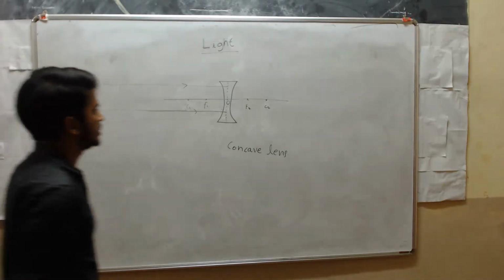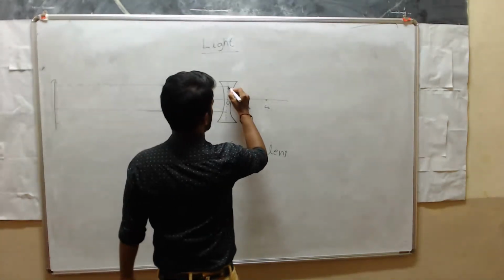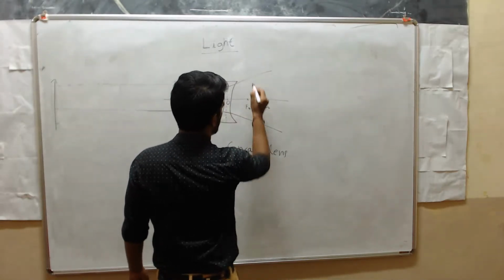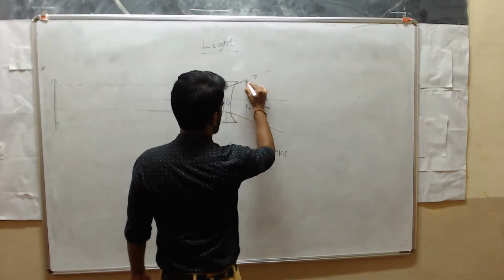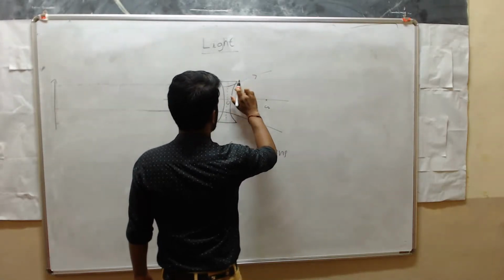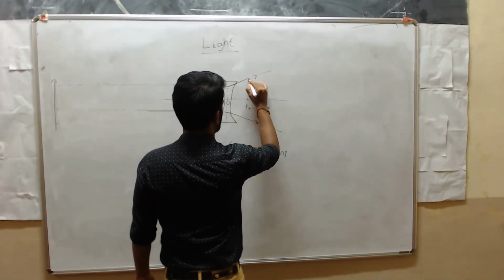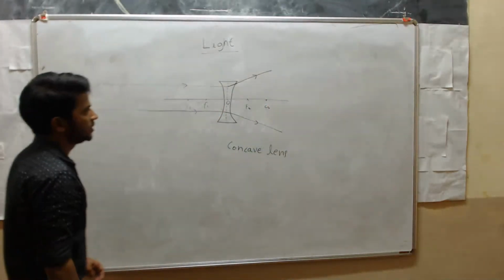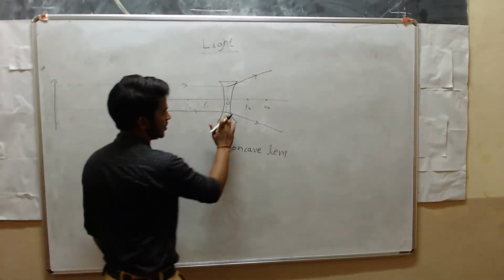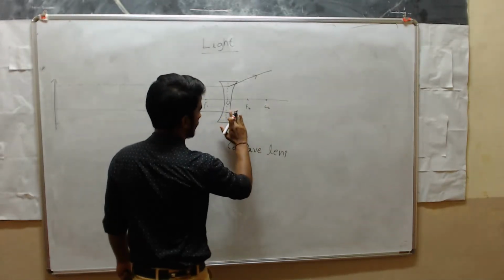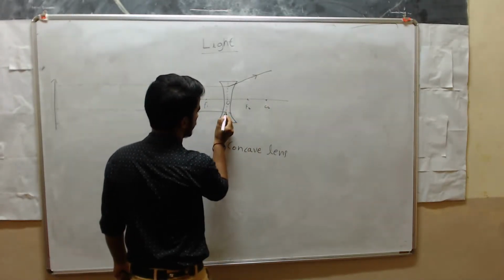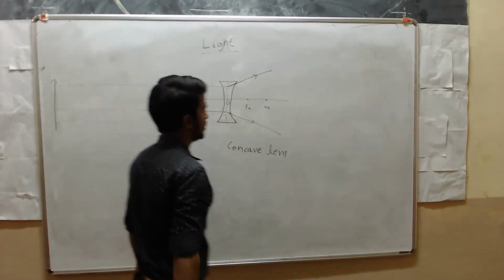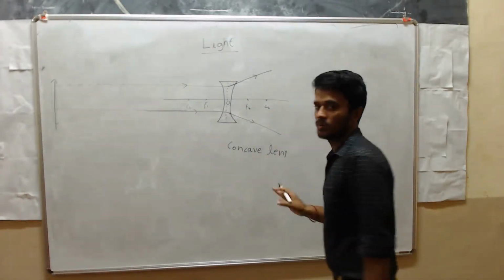Now after refraction, the rays diverge like this. Yesterday we studied how a ray of light parallel to the principal axis refracts. Correct. Now if you see here, these two rays never meet.